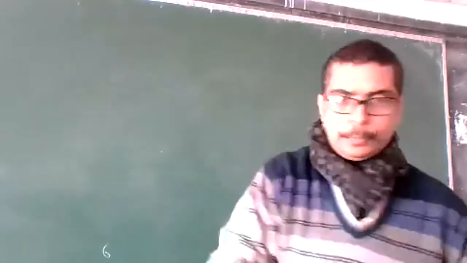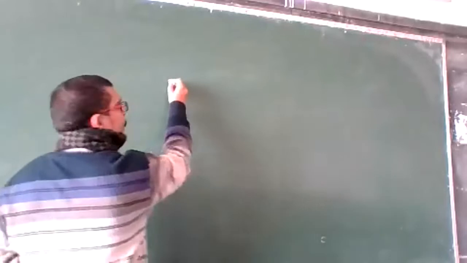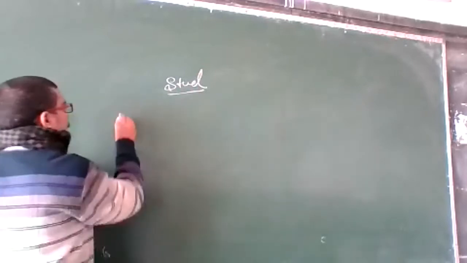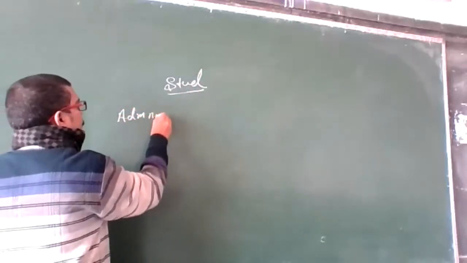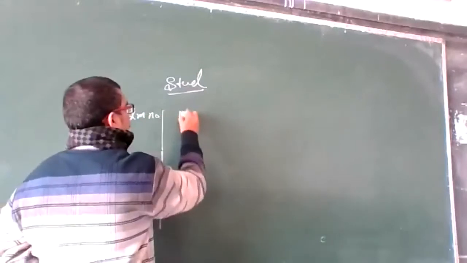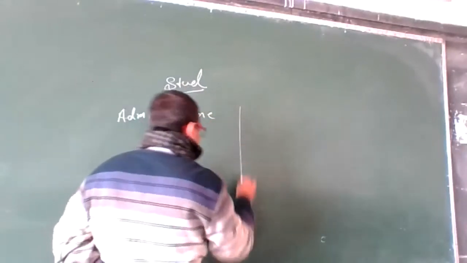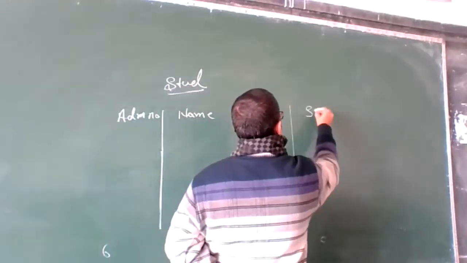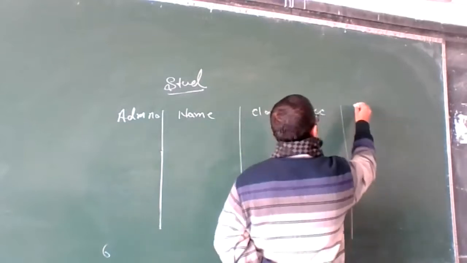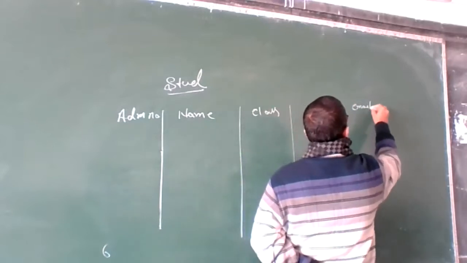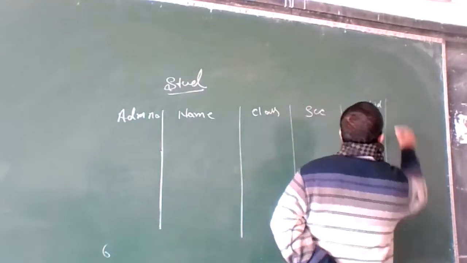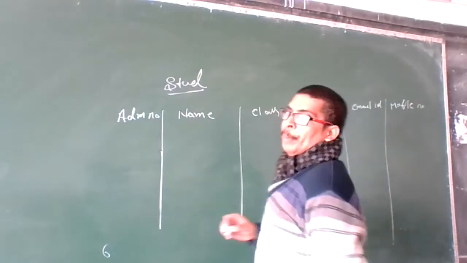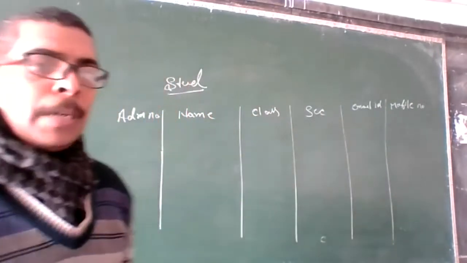Here we have admission number, then name, class, section, email ID, and mobile number. How many attributes are there?